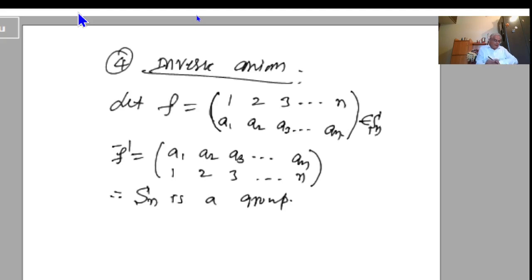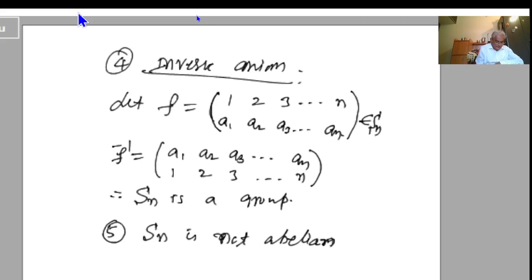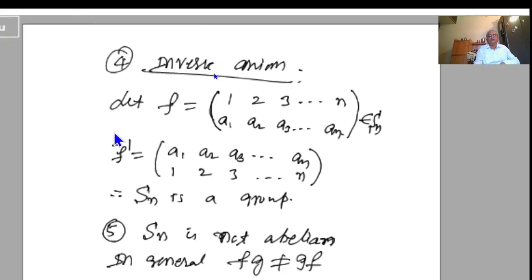Is this an abelian group? No, because in general FG is not equal to GF, where F and G are permutations.